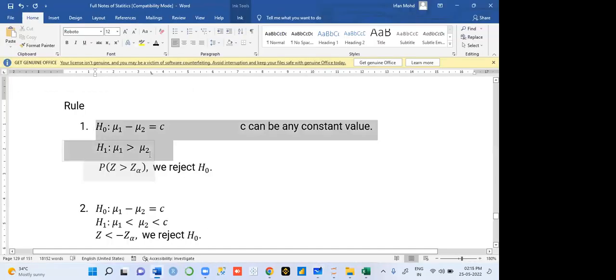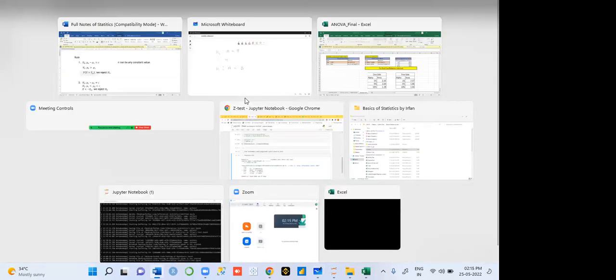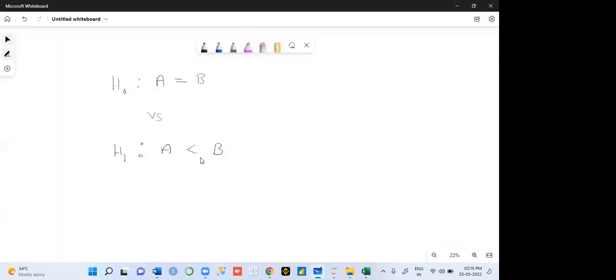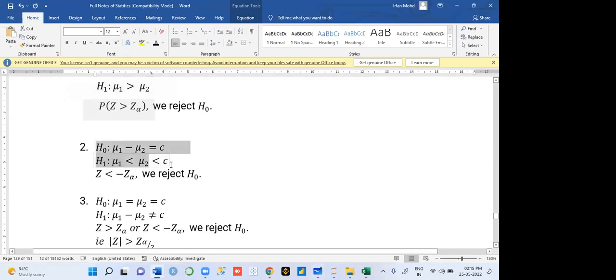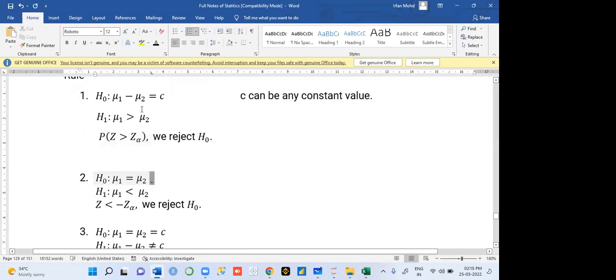Rule number 1, does it match? No, it's not matching, right? See rule number 2. It matches for you. You have to ignore this C, guys. Yes, that is matching. This is equal; wait, there was a typing mistake.